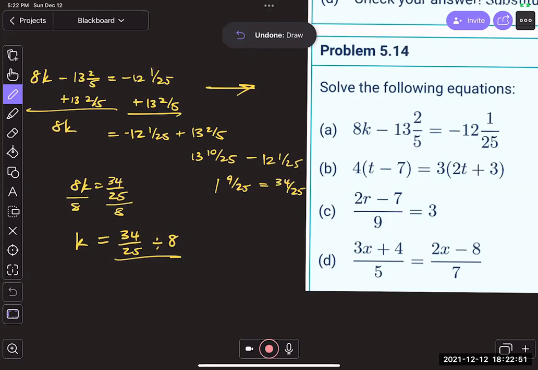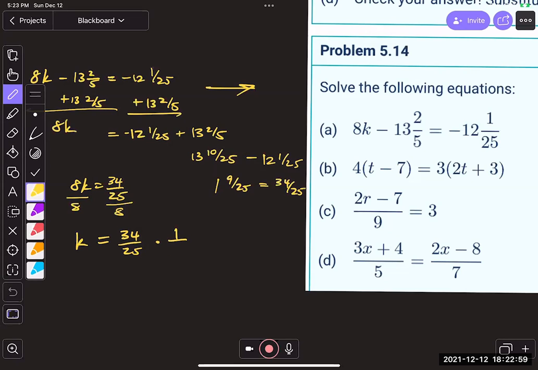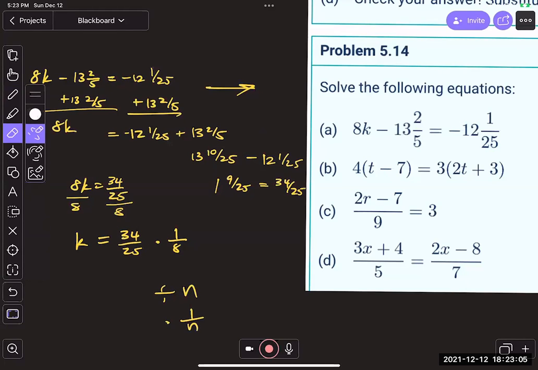How do you divide a fraction by 8? You simplify it. Or you multiply by 1 over 8. Dividing by a number is the exact same thing as multiplying by 1 over a number. And this idea here is what makes it a lot easier to divide a fraction by a number, okay?